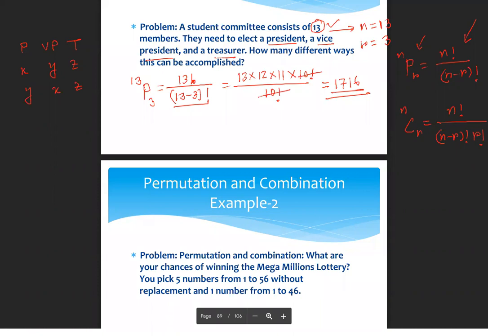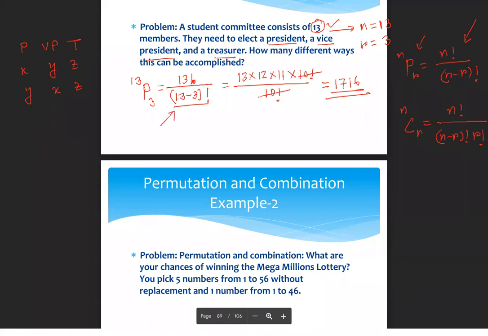Is everybody okay with it? Any question on this problem, anybody? How do we get the 10 again? Where do I get the 10? 10 factorial, you mean? Yeah. In the denominator, it's 13 minus 3 factorial.